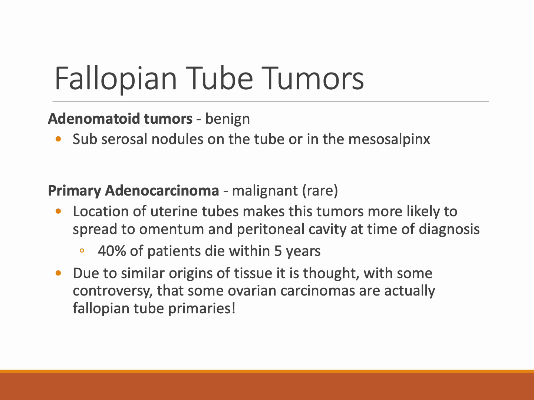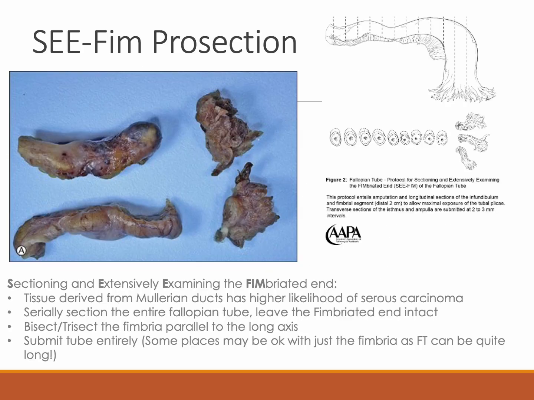And any sign of metastasis can happen quickly. Fallopian tubes are more prone to this because they're not as contained. They don't have the capsule that ovarian tumors do. So as you can see, they're quite aggressive, and 40% of patients will die within 5 years. So ideally, not an ideal carcinoma to get.